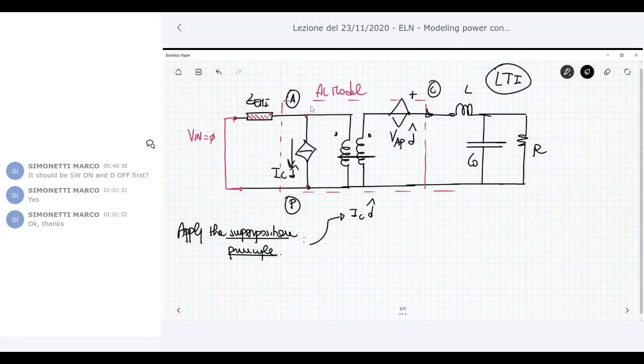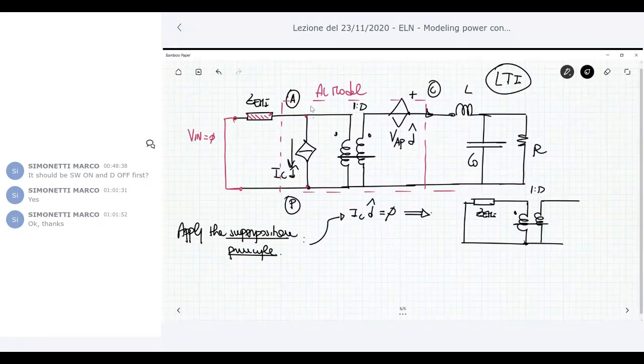And if you do this, of course, when you put a current source to 0 it means that it's an open circuit. So I can replace it by an open circuit. So this is the rest of the circuit here.